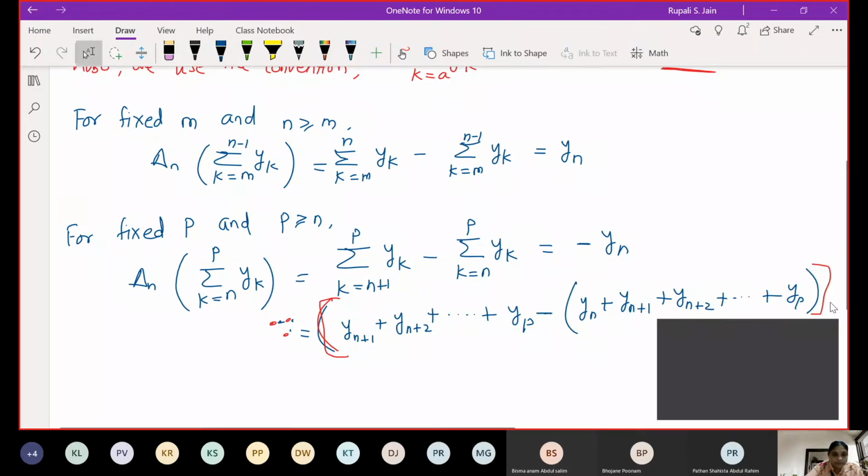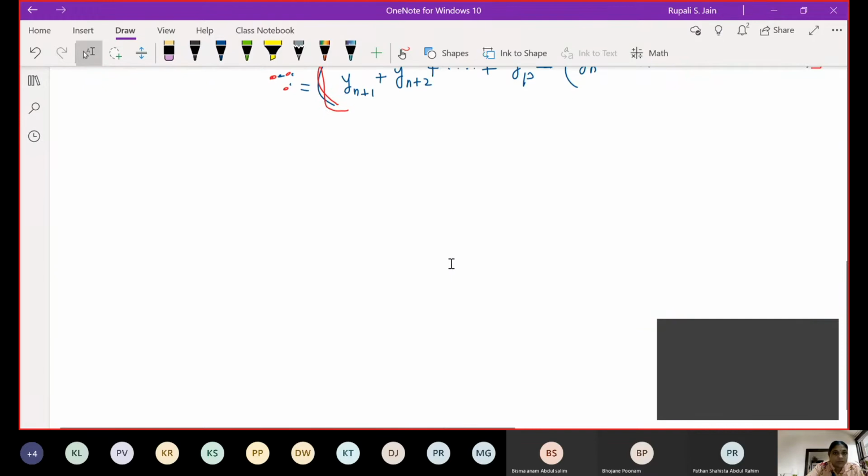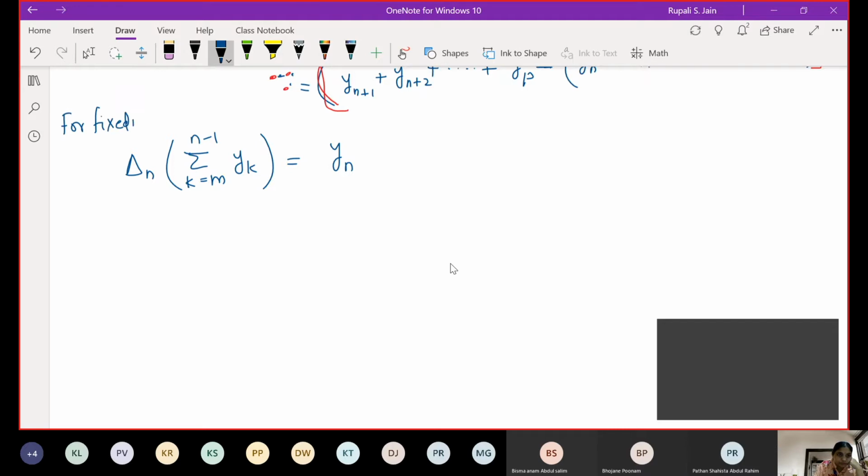So what am I getting? I got delta of the summation k is equal to m to n minus 1 of yk, which is nothing but yn. Right? So what can I say for fixed m and n greater than or equal to m?